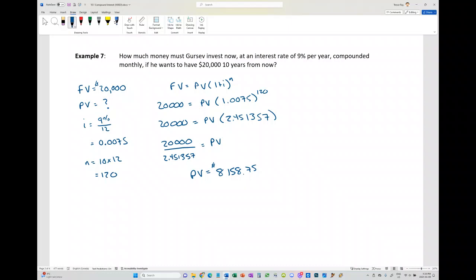So if you're off by a few cents or even a few dollars on this one, it's just a rounding difference. I just have that 2.45 number precisely in my calculator. Okay, so Gersave only has to set aside a little over $8,000 now so that he'll have $20,000 in 10 years. Not too bad.